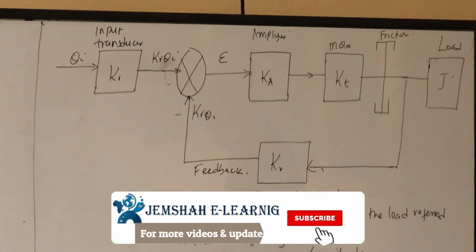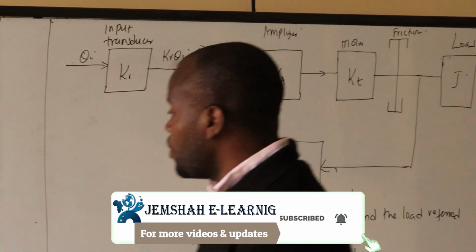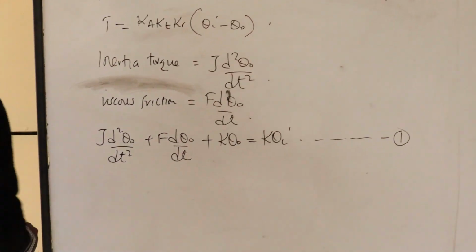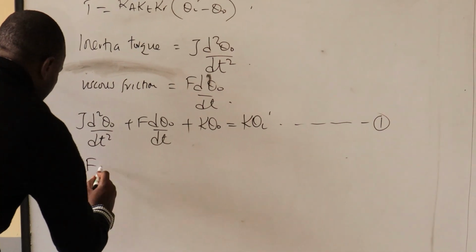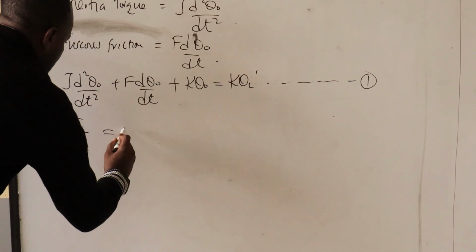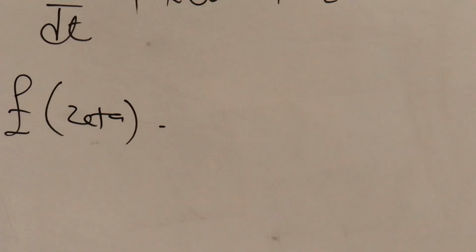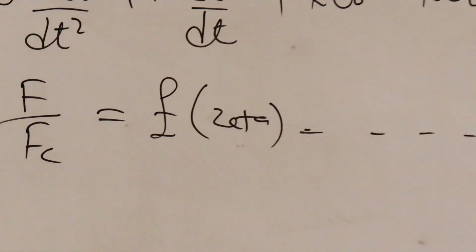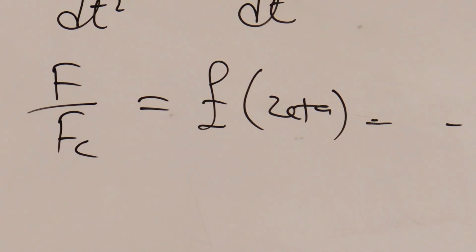So if this one happens, then we can call this one equation 1. And if we call it equation 1, then we can say that F over Fc is equal to the value zeta, which is what we refer to as equation 2, and this is what we call the damping factor.